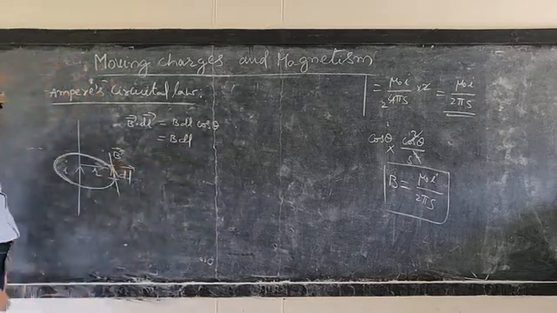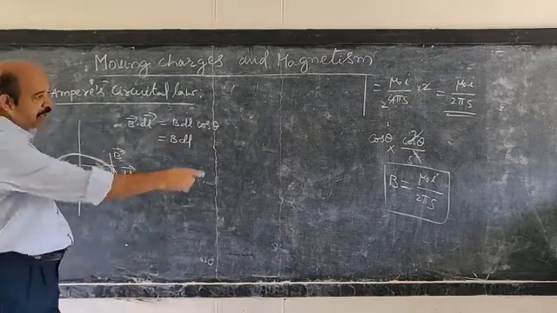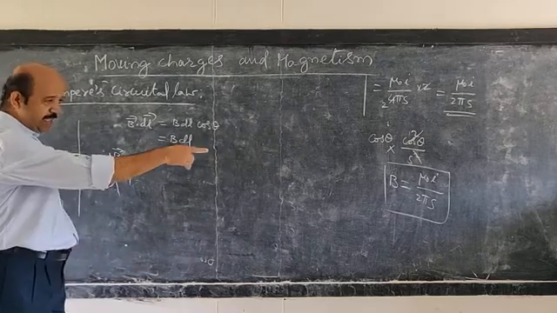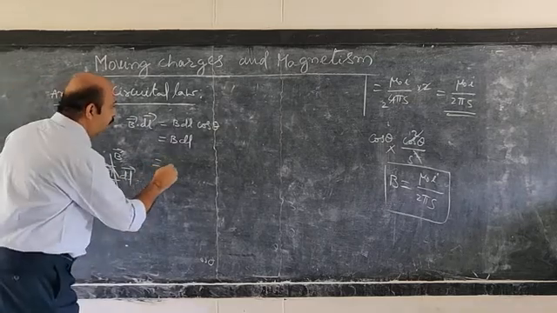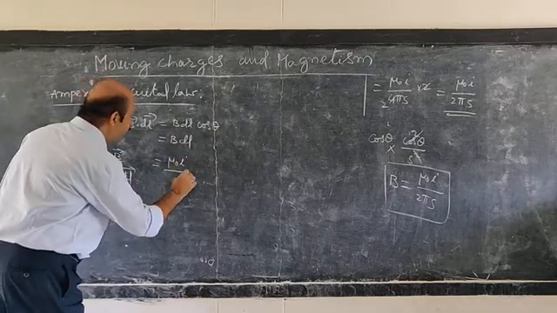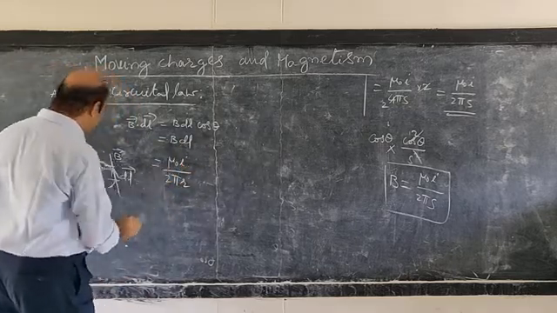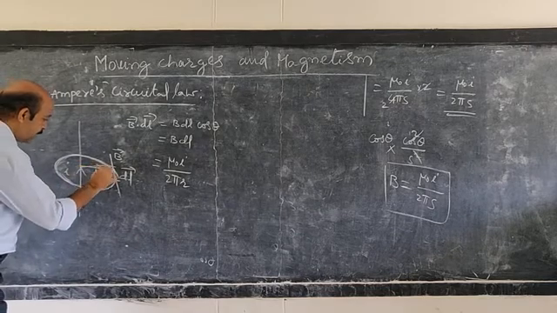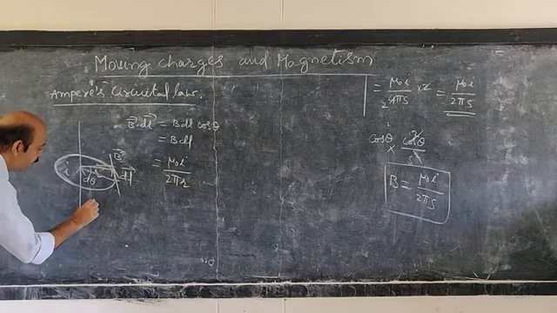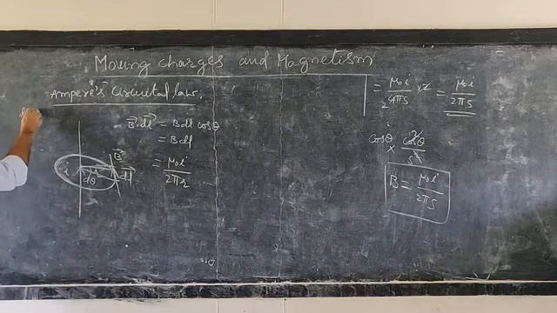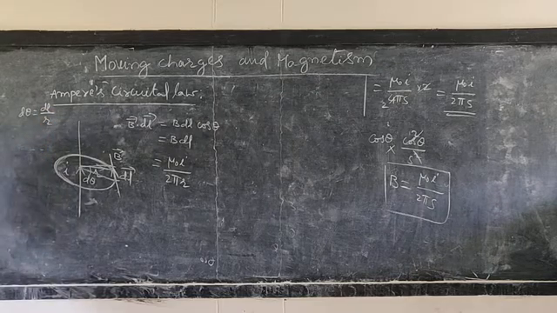But the magnetic field produced by a long current carrying conductor according to Biot's law is given by mu naught I by 2 pi times the perpendicular distance. Here the perpendicular distance is r. Therefore, I will write mu naught I by 2 pi r. Then dl: suppose it is making an angle of say some d theta here. From the definition of angle, d theta is dl by r, arc by radius.